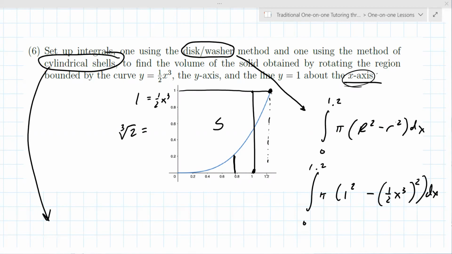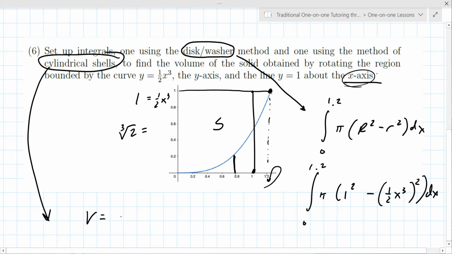So cylindrical shells is not ideal for this particular problem because when you go around the x-axis, which is what we want to do here, you need your volume as a function of y.